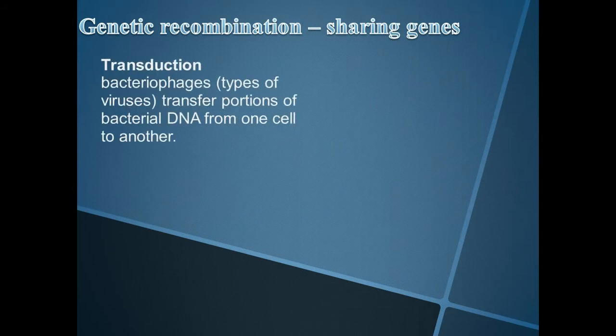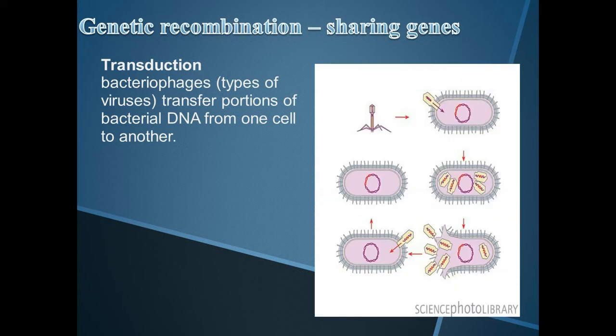One final way that bacteria can share genetic information is through transduction. This requires the use of a bacteriophage, which is a type of virus. A virus is a non-living thing, used to transfer portions of the bacterial DNA from one cell to another. So here we have the bacteriophage. It attacks this bacterial cell.